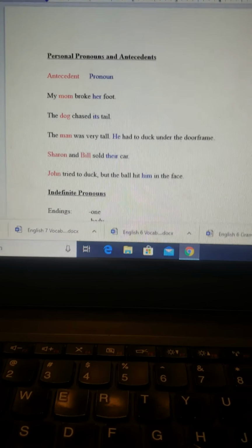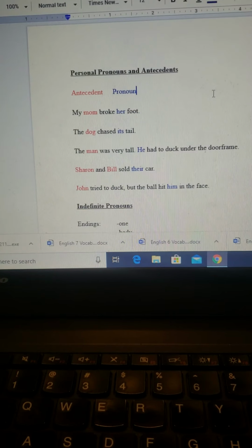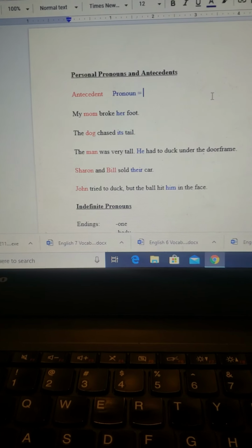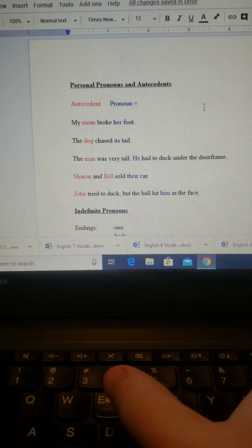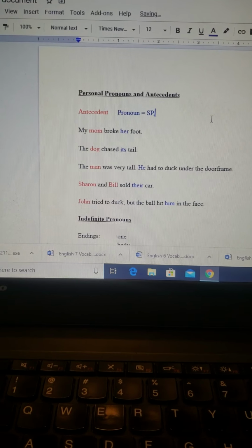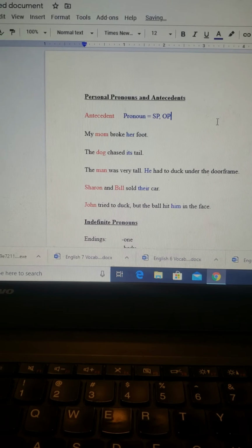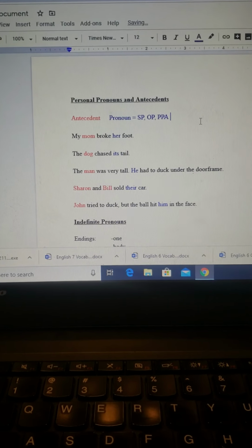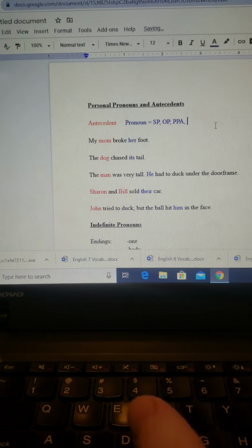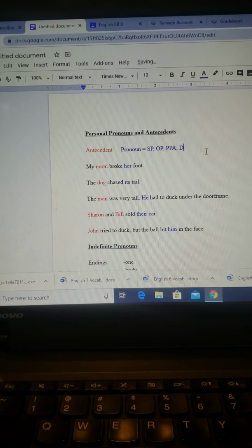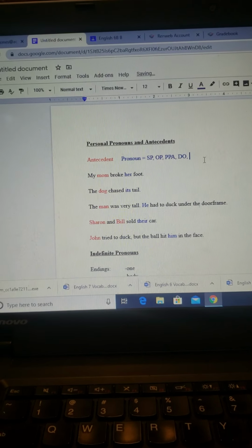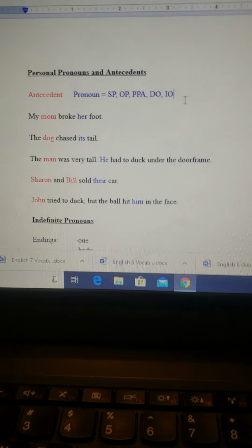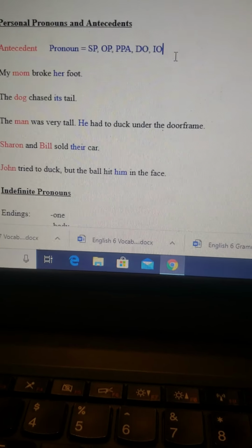So when I say pronoun, let me type this out so that we'll have a good reference for it. In your Shurley system, this can be a subject pronoun, it can be an object of the preposition, it can be a PPA, it can be a direct object, or it can be an indirect object, but only if these things are pronouns.